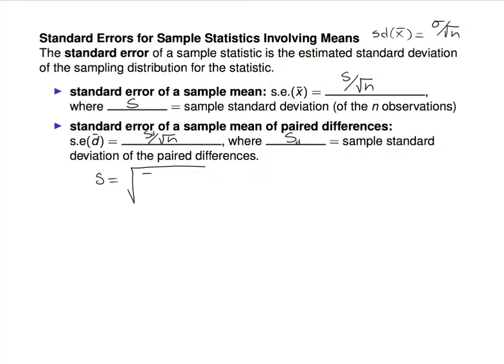That was the one with the sum of xi minus x bar squared over n minus 1. Does that ring a bell from a long time ago? I know it's a very long time ago, but this was in chapter 2. I cannot remember which day. If you want to reference your notes, that's where it was. There were 2 days of that lesson, I know, because it was like the first week of class.